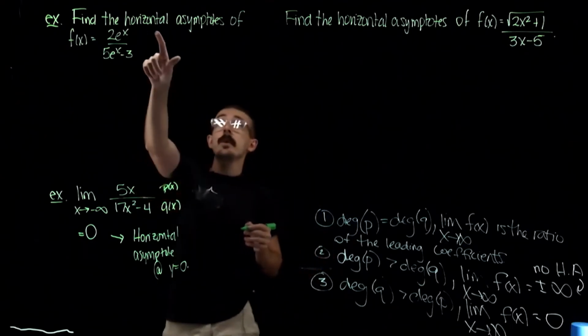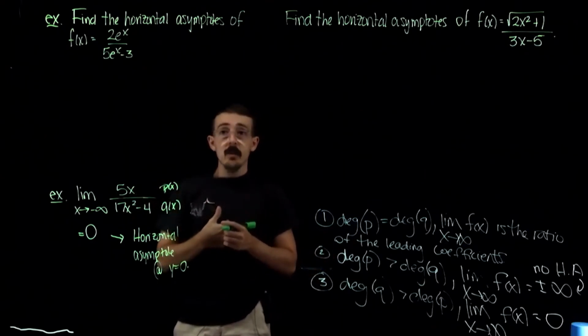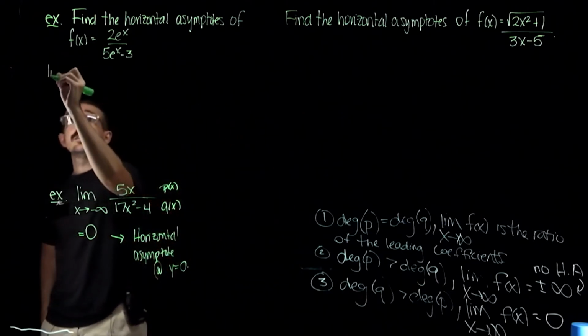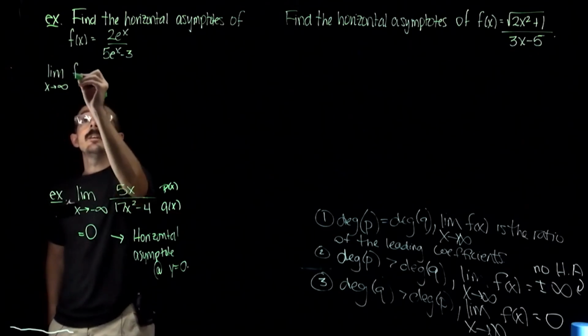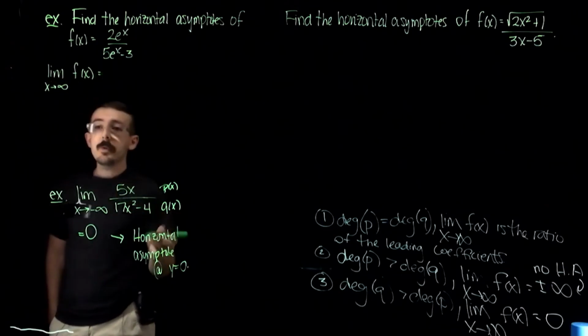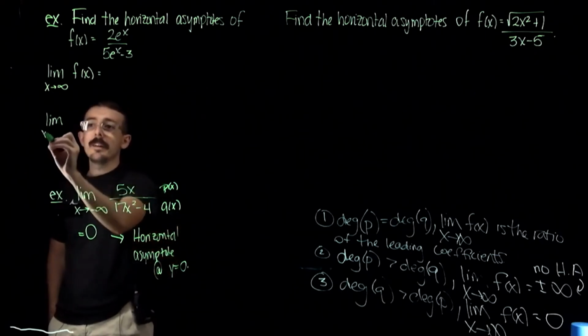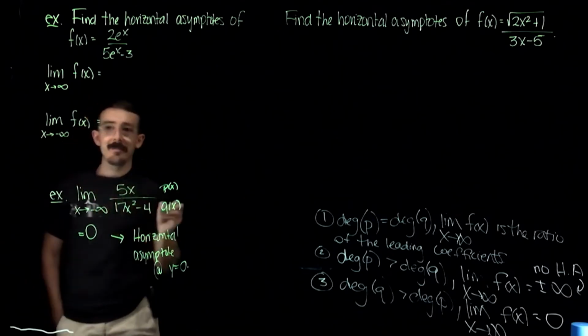OK, let's take a look at finding the horizontal asymptotes of this. To do that, if you recall, we need to find two separate limits. So the first limit you need to do is the limit as x goes to infinity of f of x. I guess you don't need to do this one first, even though I said that. You can pick either of these to start with, but you need to do them both eventually.